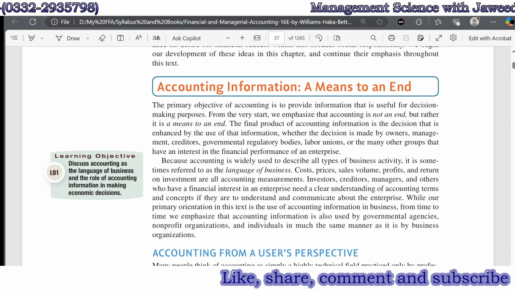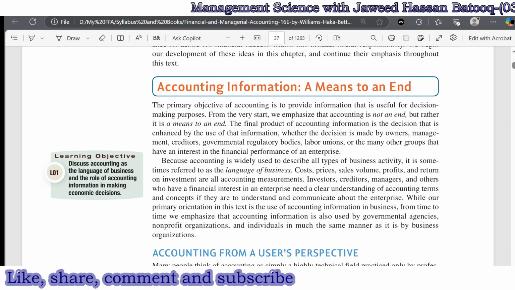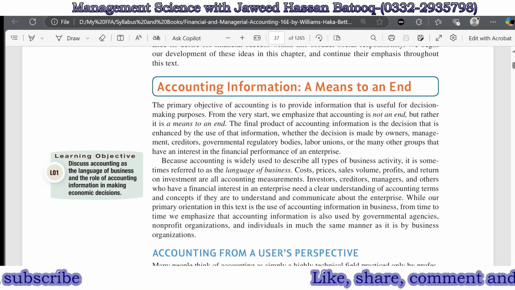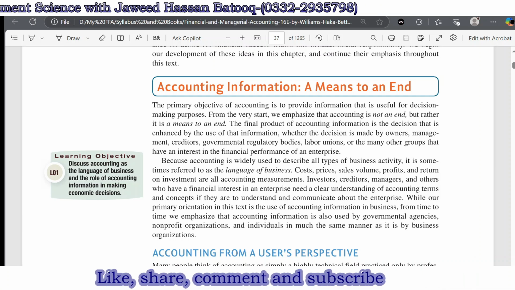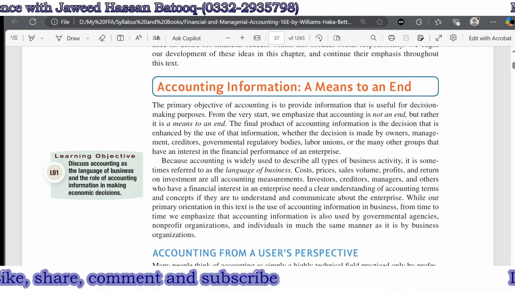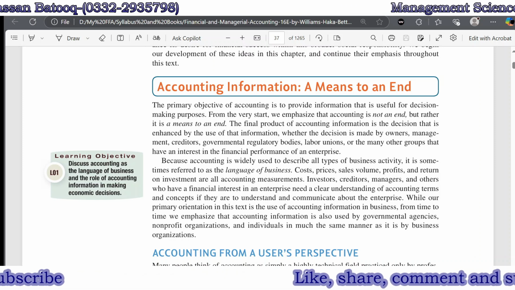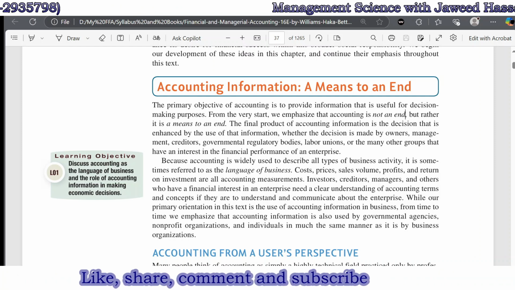The people want to use the information that is provided by accountants, whether the decision is made by the owner, management, creditor, government regulatory bodies, labor union, or many other groups that have an interest in the financial performance of an enterprise. So this is what we do accounting for.